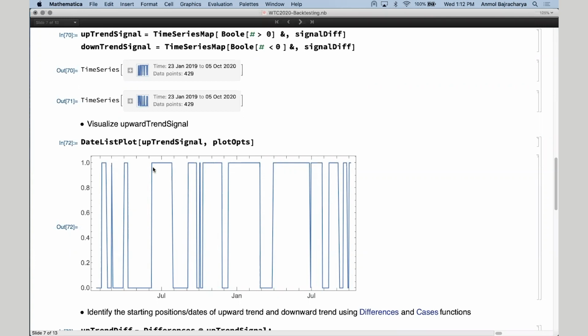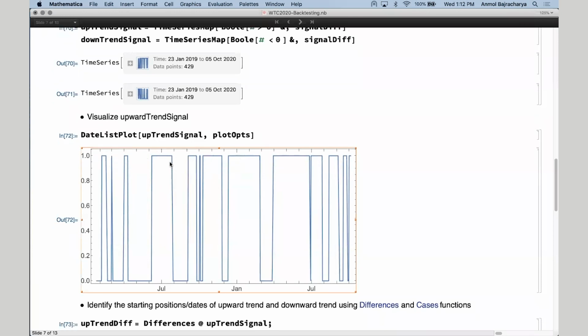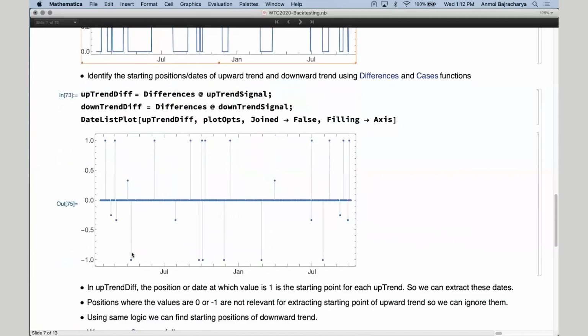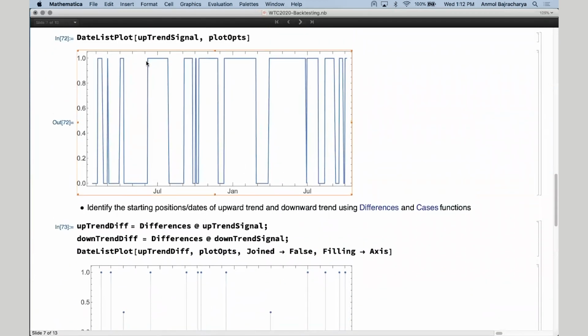For instance, in this plot, this point here would be the starting point of the upward trend. Now how do I find this point using the upward trend signal? If you take a difference of this time series using a difference function, you can see the plot here like this. At this point it is going to be 1, and the other points are going to be 0.